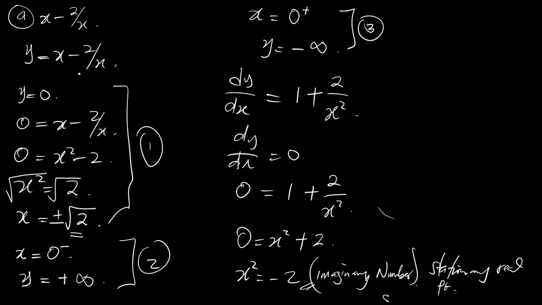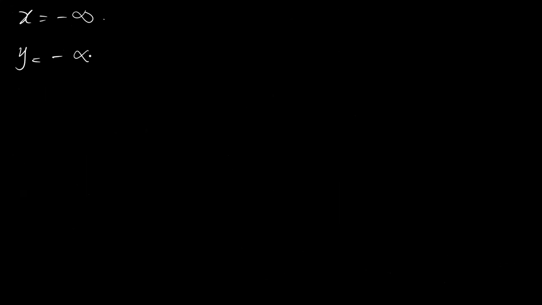If x is equal to minus infinity, y will be equal to minus infinity. If x is equal to plus infinity, y will be equal to plus infinity. So there is a boundary condition here also where y is equal to x.